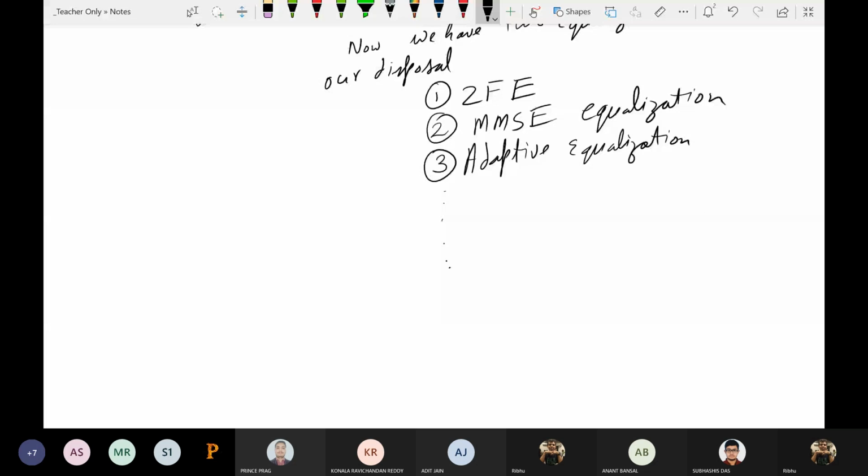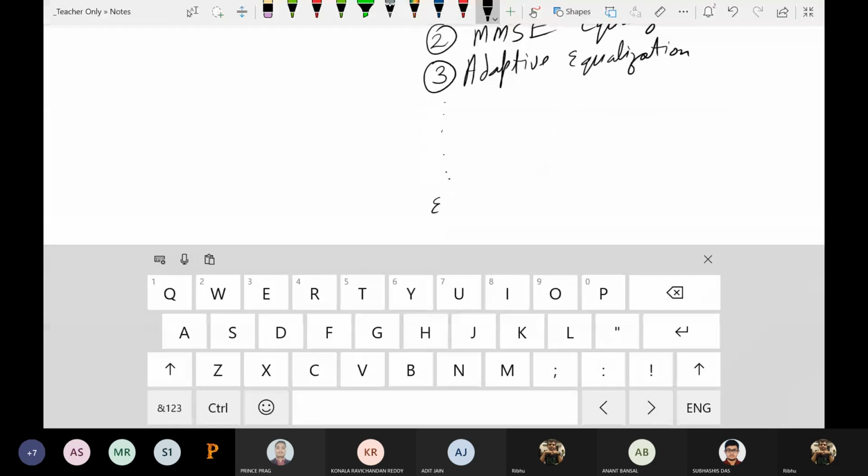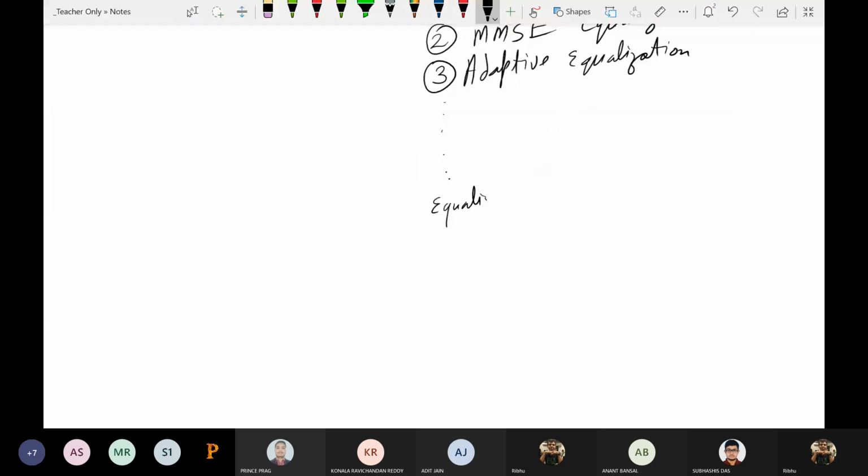MMSE equalization and adaptive equalization. Fine. So the point is that if you Google equalization in ISI channels, you will find thousands of research papers, if not tens of thousands.